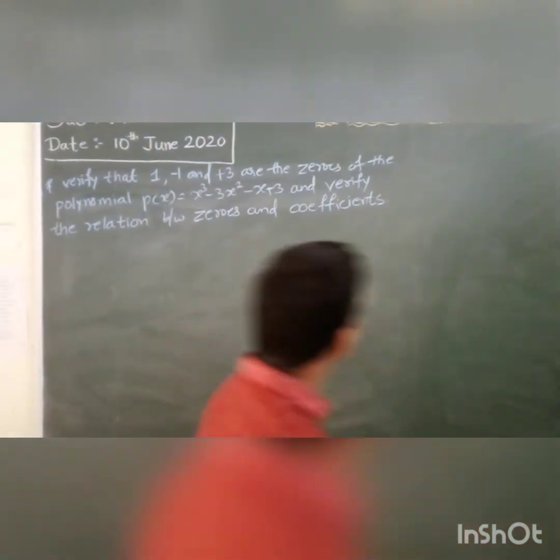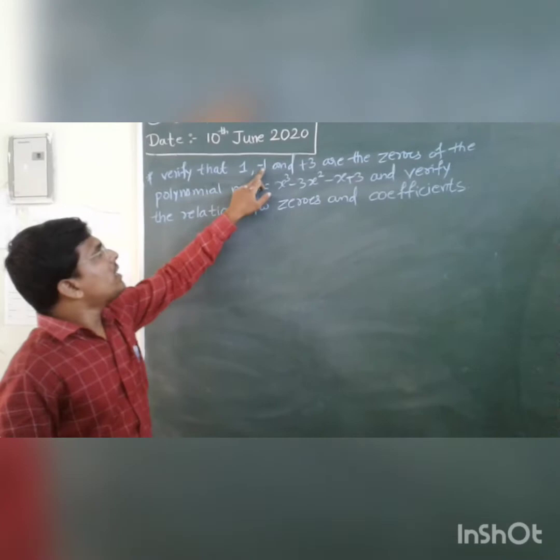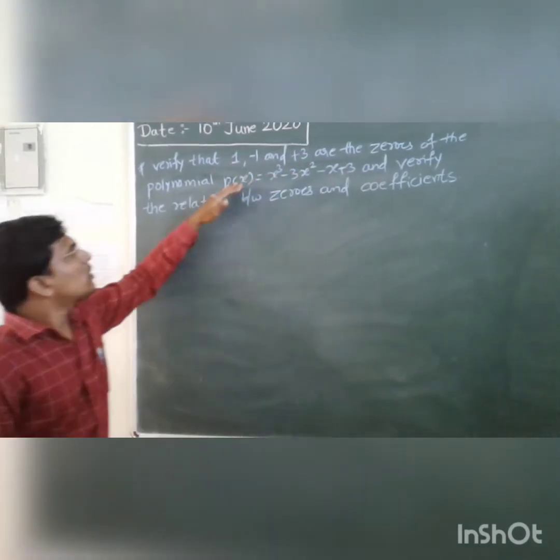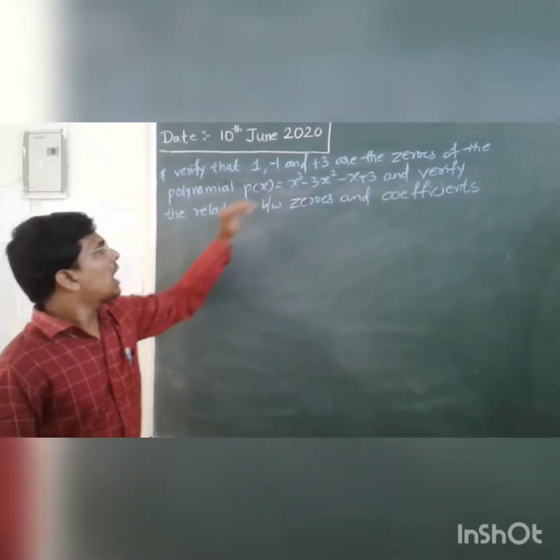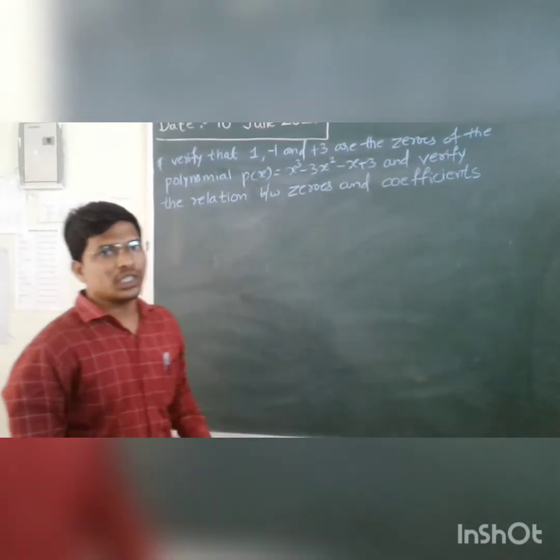So this is the question. It is asking us to verify whether the given three zeros are the zeros of this given polynomial, and to verify the relation between the zeros and coefficients.